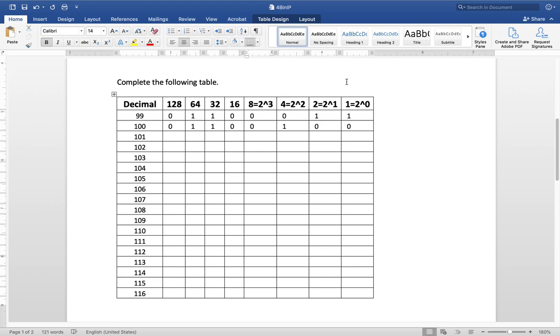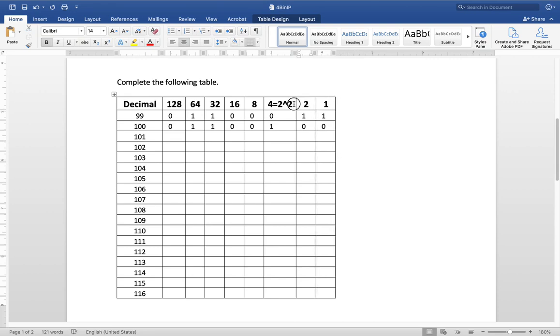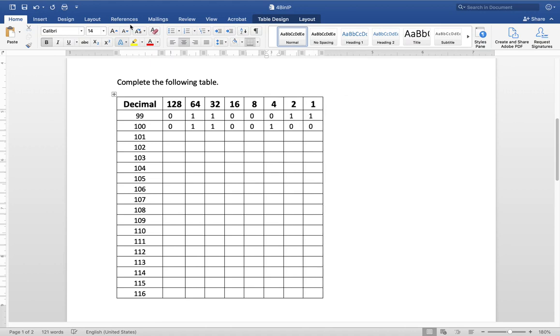So these numbers are powers of 2. 128 is 2 to the power 7. Using this table, you can convert decimal to binary and binary to decimal very easily.